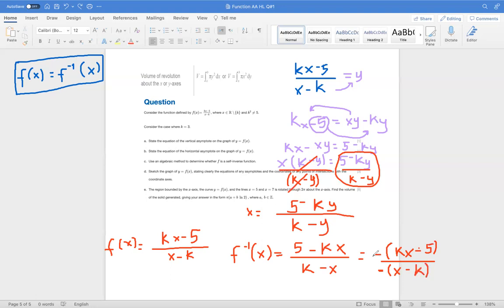As you see, if I put a negative sign in front of the numerator and denominator at the same time, I don't change anything. Negative and negative will cancel each other. I will get x minus k, and at the top I'll get kx minus 5.